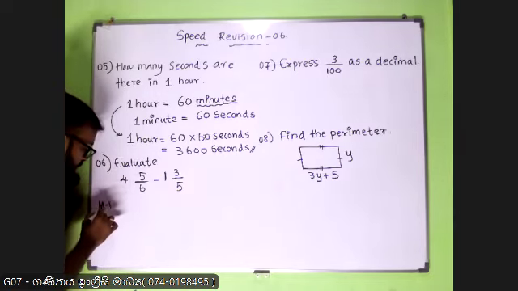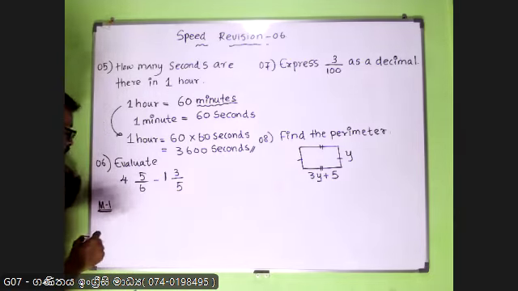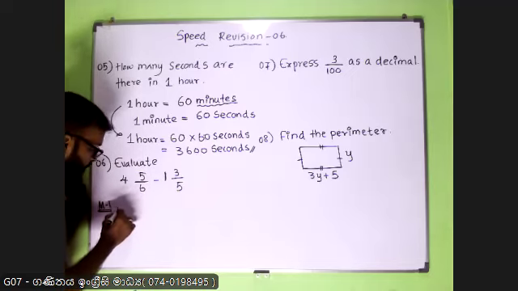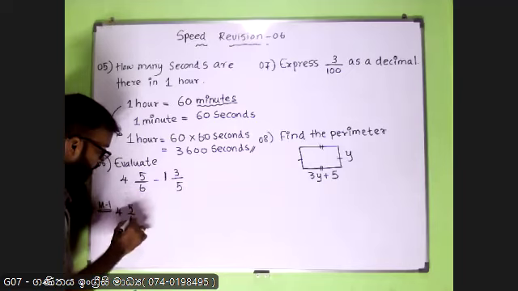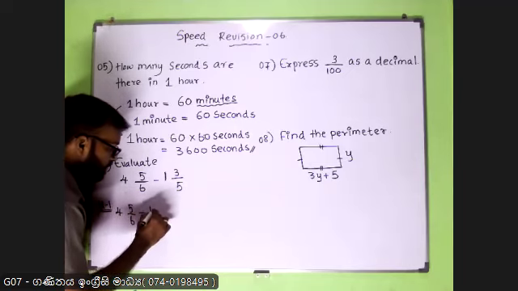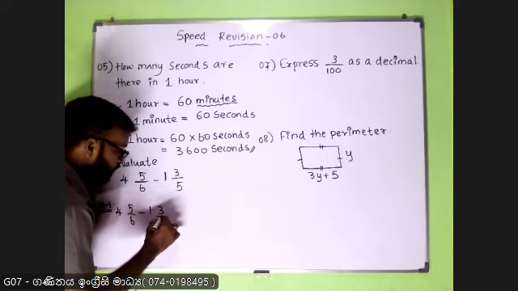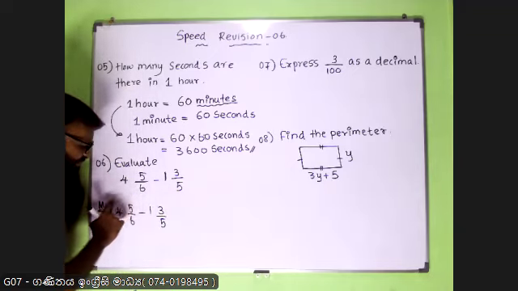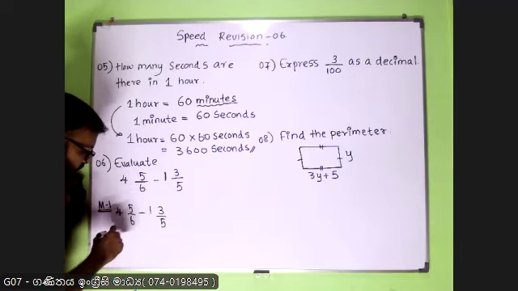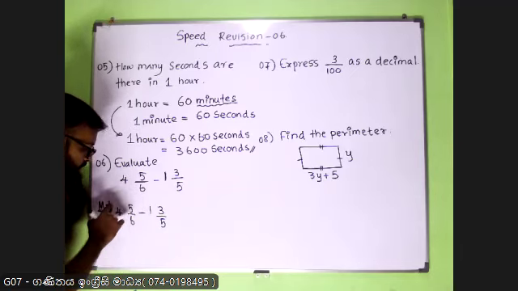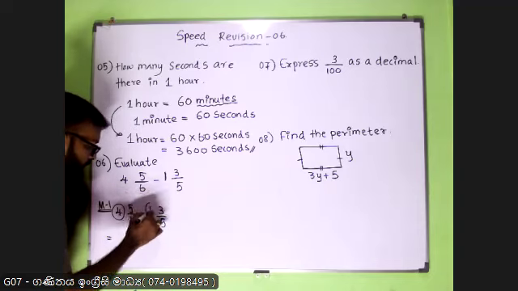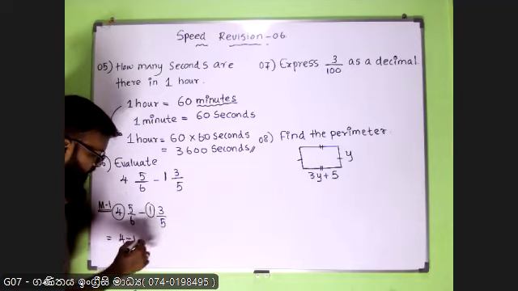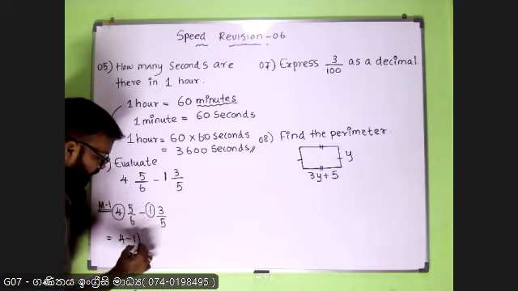Method 1. I have taught you all of these methods. First of all, this is my first mixed number minus 1 and 3 upon 5. So I will simplify my whole number part first. This is my first whole number and this is my second whole number. 4 minus 1. So that part is done.